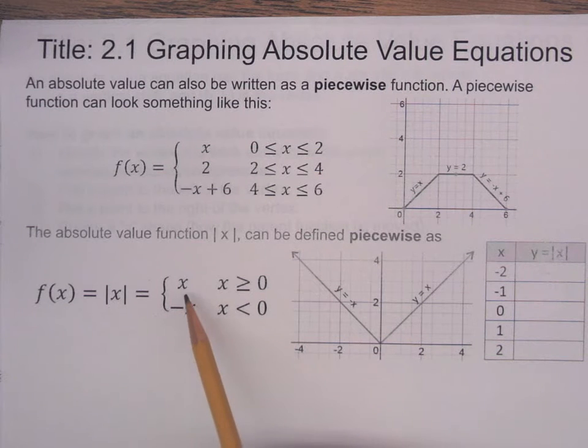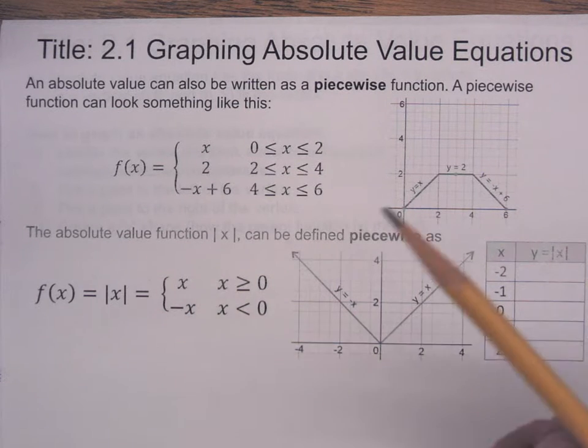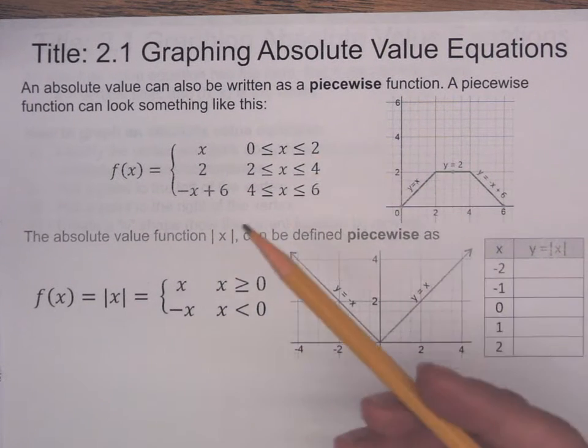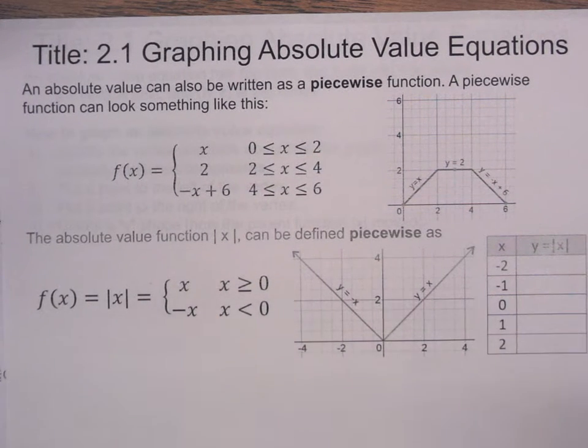If you put in a -5, it's going to spit out a +5. If you put in an 8, it's going to spit out a +8. And if you put in a +15, it's going to spit out a +15. So all negative numbers will become positive, and all positive numbers will still be positive.